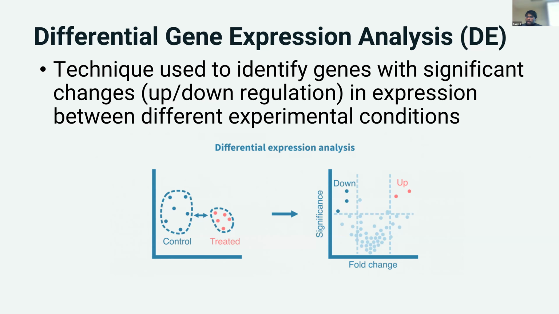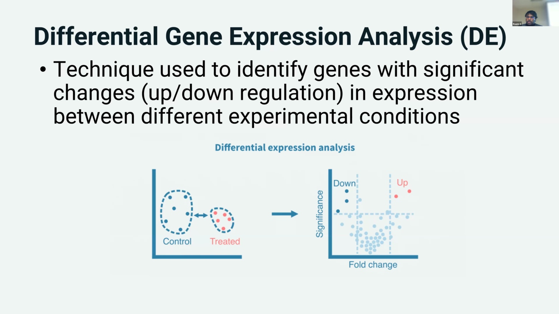You do this by comparing expression levels for each gene across conditions. And you test if the difference is statistically significant, and then you perform a visualization, typically with a volcano plot. You can also further visualize up and down regulated genes as heat maps.